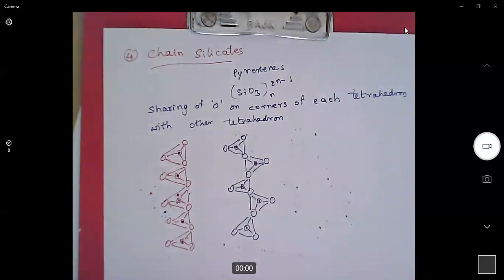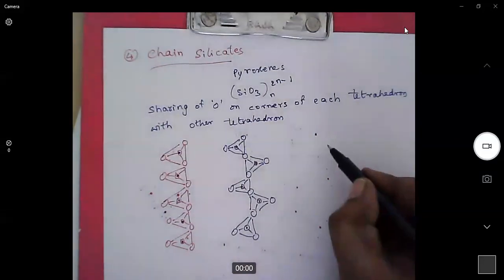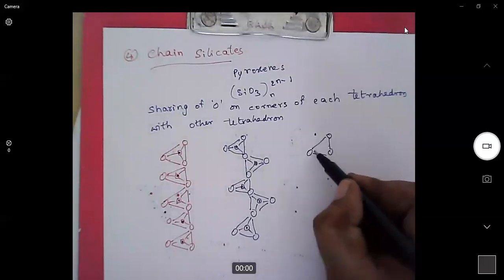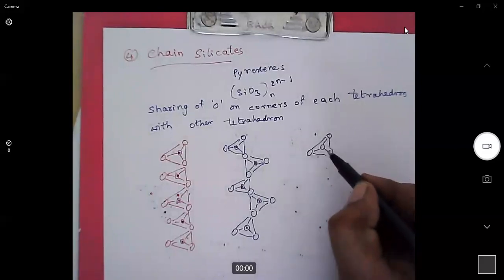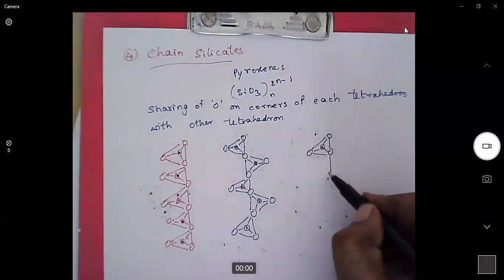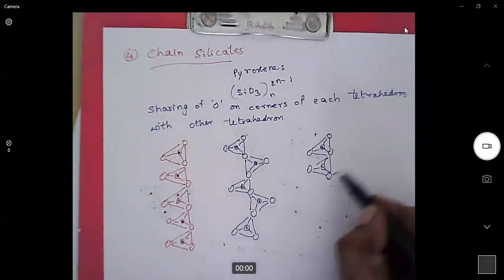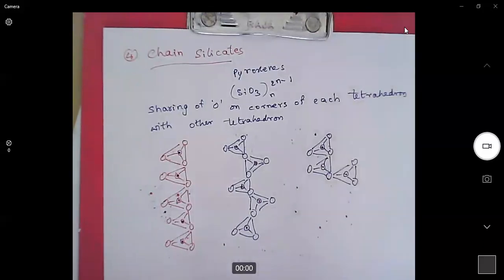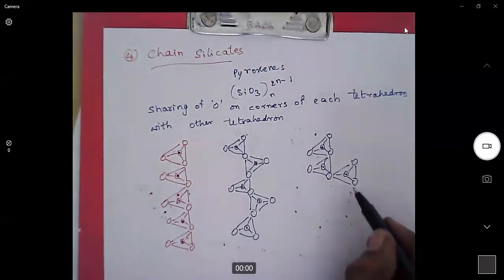Now, the other type of chain silicates is irregular chains. This is also a chain silicate, but the chain is irregular.